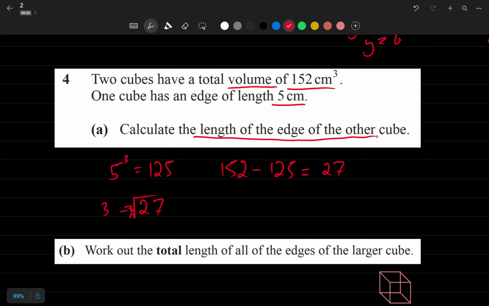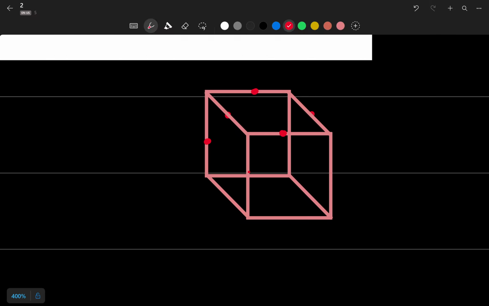Now work out the total length of all edges of the larger cube. Larger cube means the one with length 5 centimeter. Let's say this is a cube. How many sides can you see? Let's find it out. So this is 1, 2, 3, 4, 5, 6, 7, 8, 9, 10, 11, and this is 12.